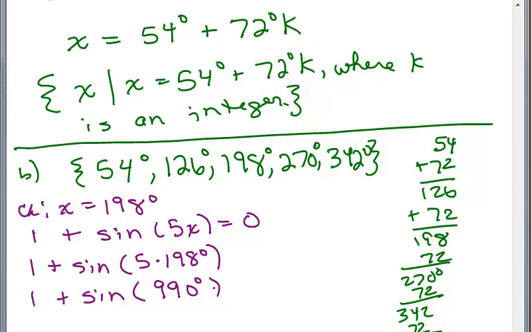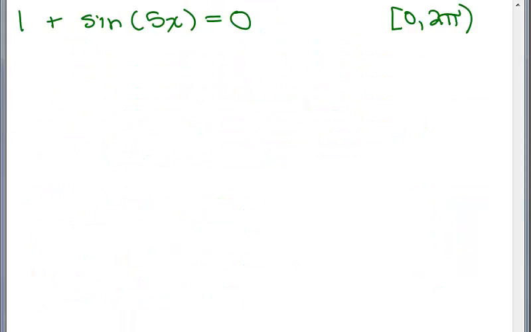This will give you 1 plus negative 1, which is 0. So yes, it does check. Both sides give you the same thing, because 1 plus negative 1 is 0. So 198 degrees is one of the correct solutions here. You could do that for all of them. That's the only way you know for sure that each of these really are solutions.